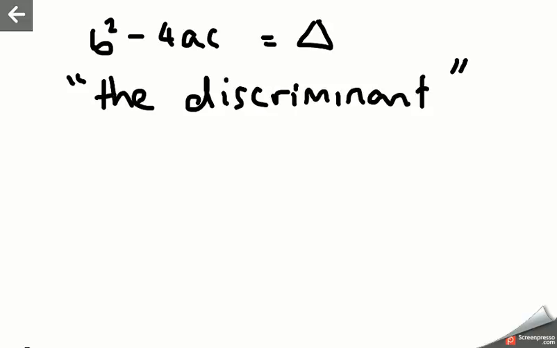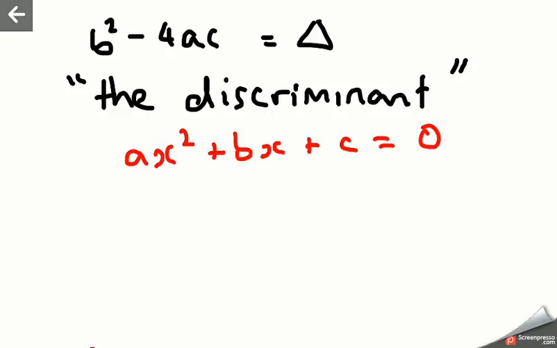The reason why it's called the discriminant is because it discriminates between different quadratic equations. It discriminates ax squared plus bx plus c equals 0. It puts them into three categories.